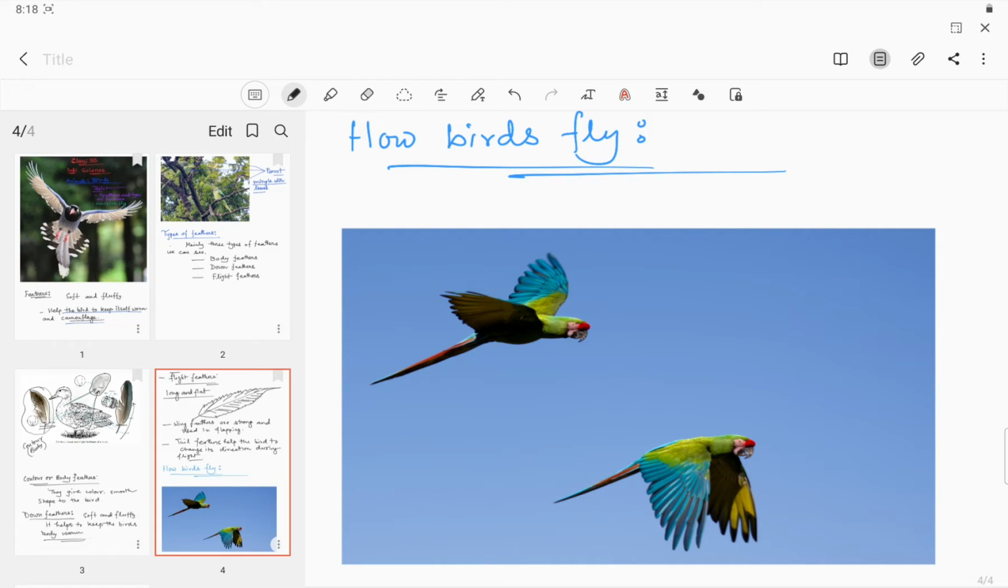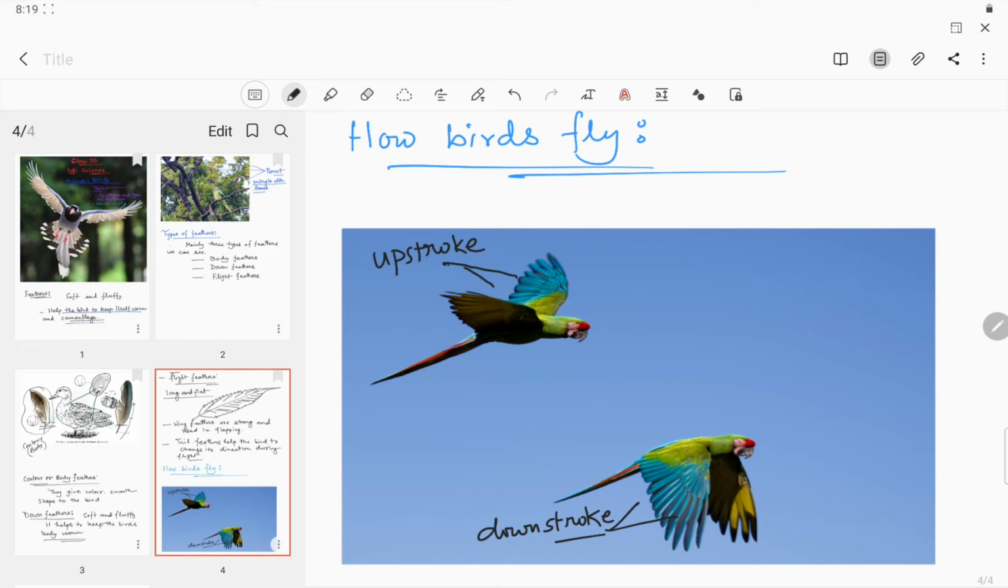And if you see, these two wings are in different positions, and these two wings are in a different position. This is called upstroke, and these positions are called downstroke, right?